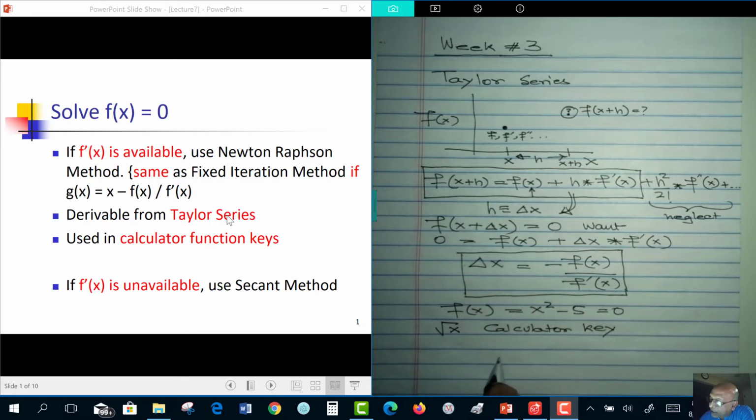So I described to you that your square root key is something like finding the fixed iteration point of a function g of x.